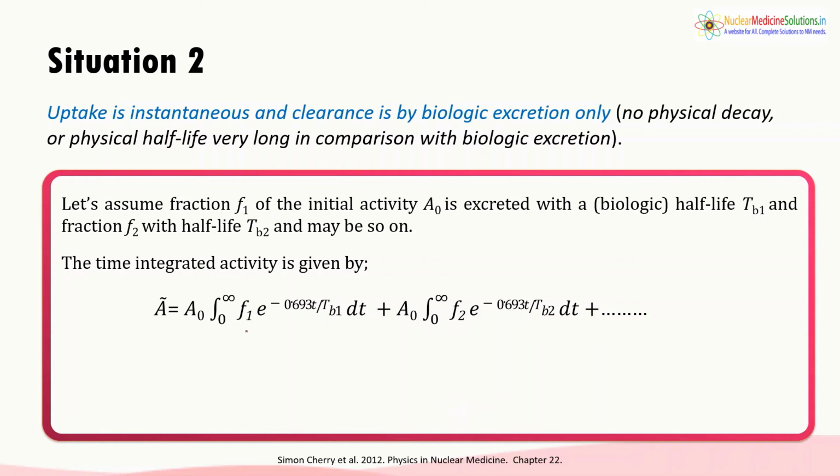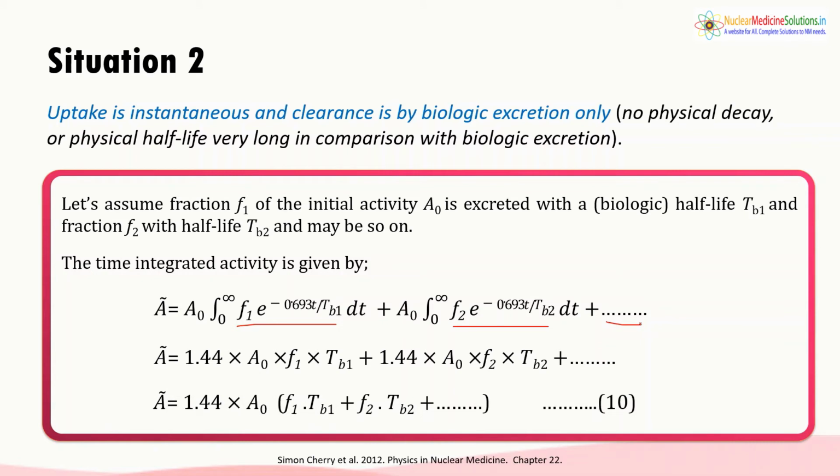This is the fraction F1 component and this is the fraction F2 component, and if there are some more we can add them further. Finally the equation of A tilde will become 1.44 times A0 in brackets F1 dot TB1 plus F2 dot TB2.